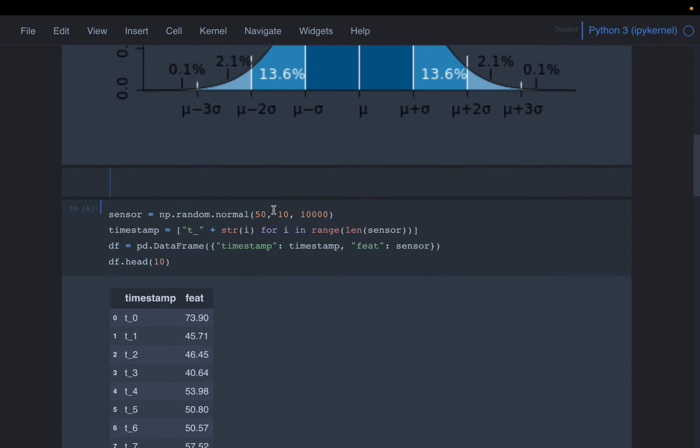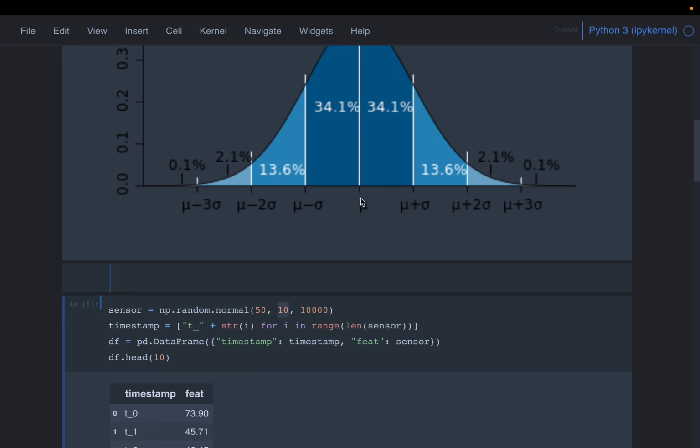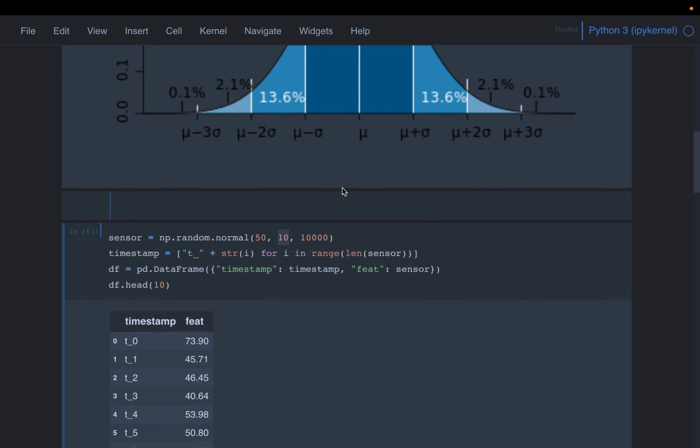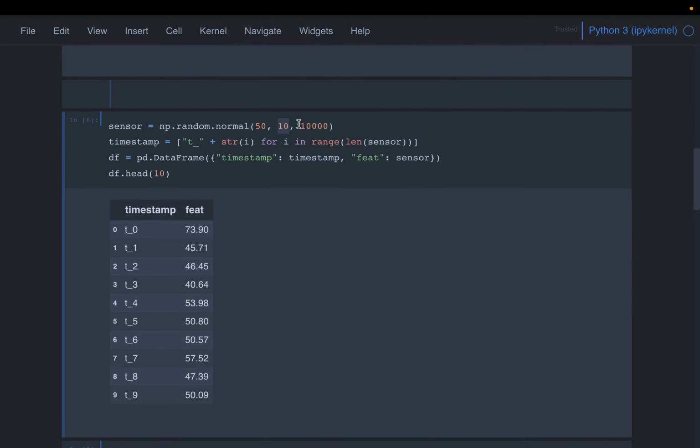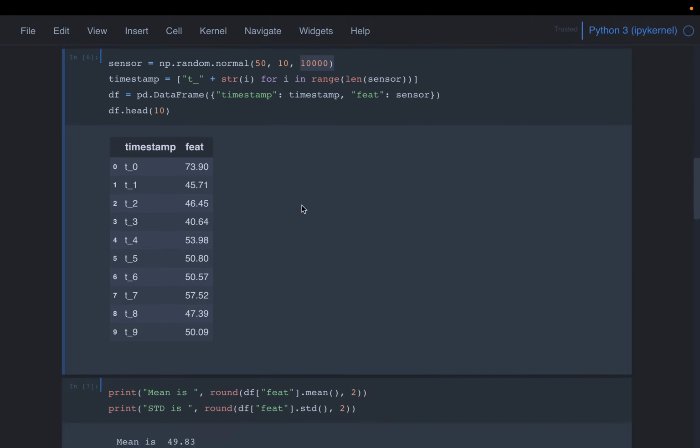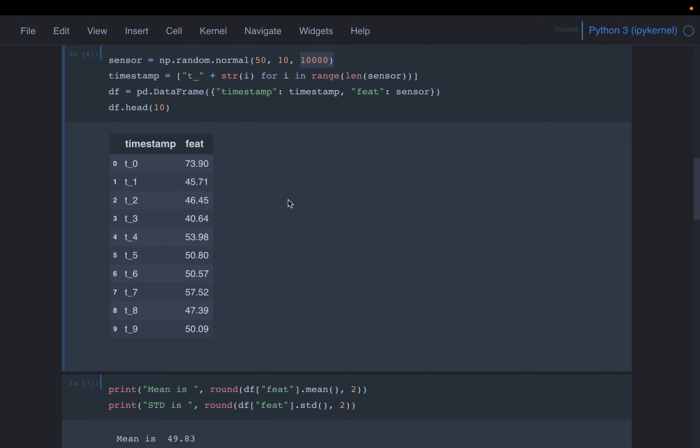Okay, so here we are generating a Gaussian distribution with a mean value of 50 and the standard deviation 10. So mu will be 50, and sigma, which represents the spread of the Gaussian distribution, is 10. We have generated 10,000 values. We can take this as a sensor or some other variable with time.